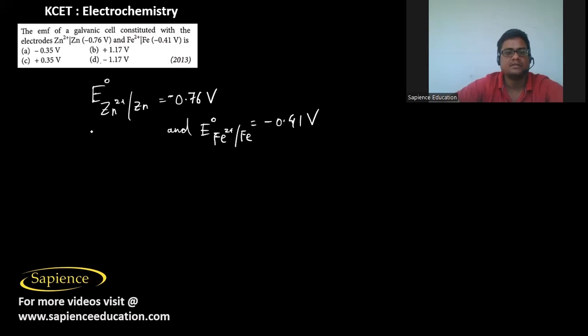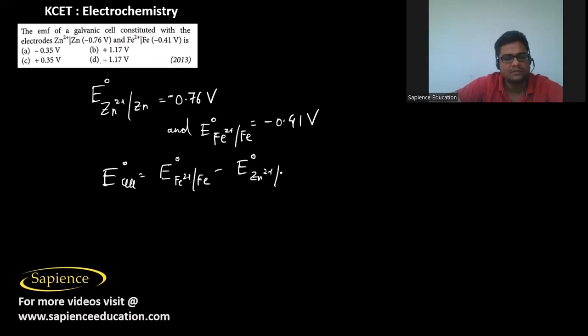So the EMF of the galvanic cell, E naught cell, will be E naught Fe2 plus to Fe minus E naught Zn2 plus to Zn.